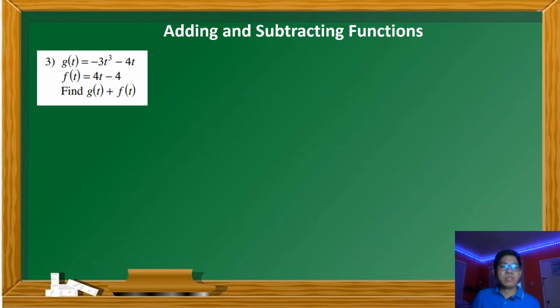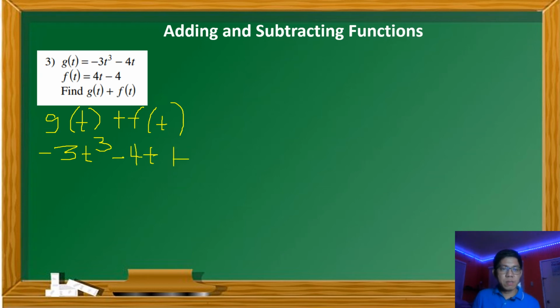Another example, g of t is equal to negative 3t cubed minus 4t. Then f of t is equal to 4t minus 4. So, we're going to find g of t plus f of t. So, we have g of t, negative 3t cubed minus 4t, plus f of t, 4t minus 4.